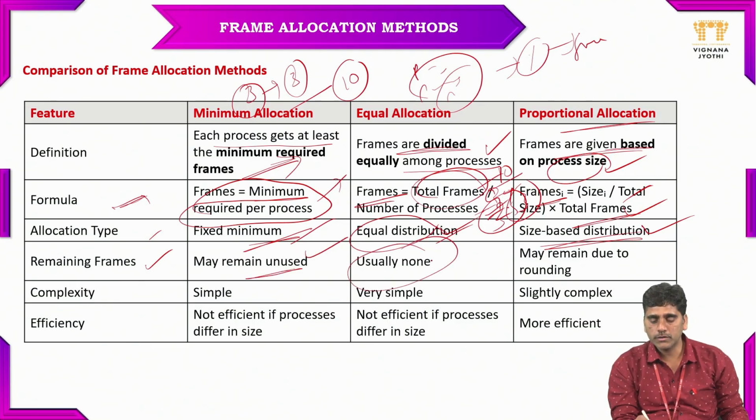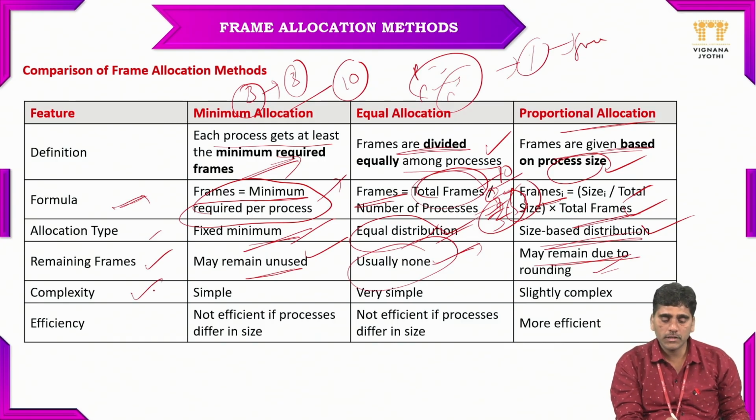In equal allocation, usually no free frames may be available, because we are distributing equal frames to each process. And in proportional allocation, some frames may remain due to rounding.